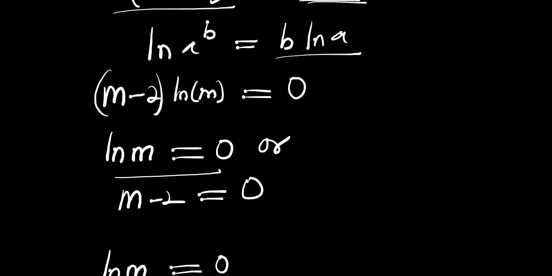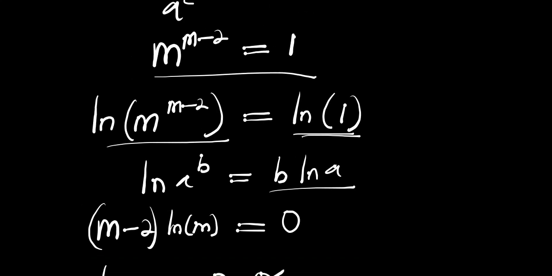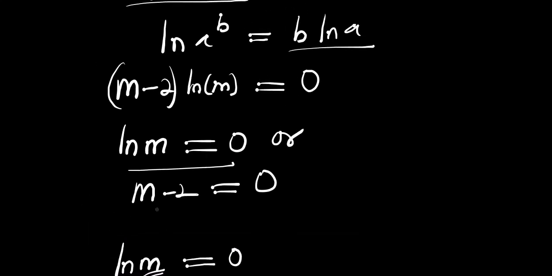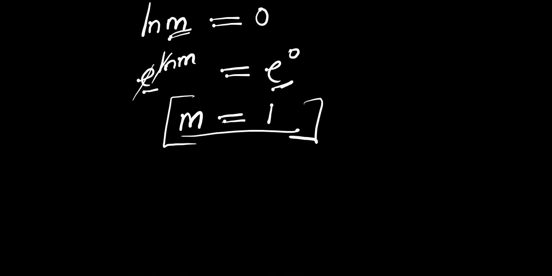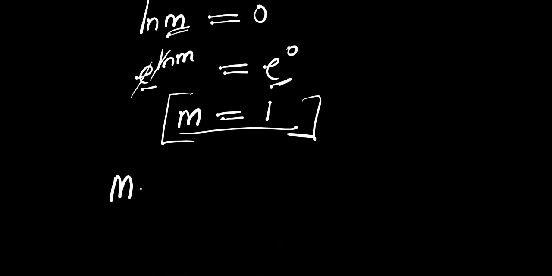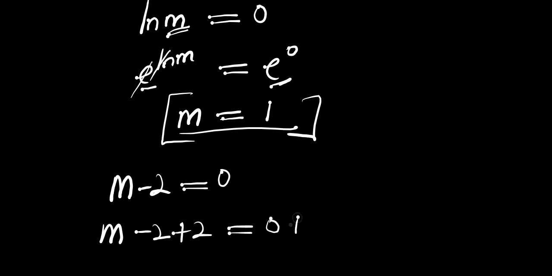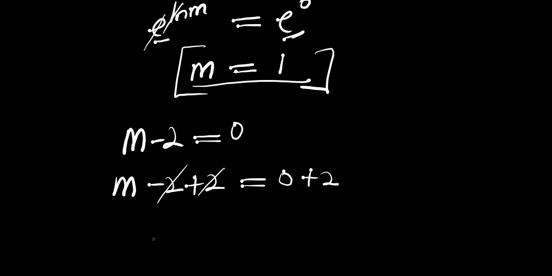Now let's go ahead and solve this other equation. We had two equations. Let's solve this other one for m. So if you have m minus 2 is equal to 0, what you need to do is you add 2 to both sides of this equation. So negative 2 plus 2, this will cancel out, so you have m is equal to 0 plus 2, you have 2.